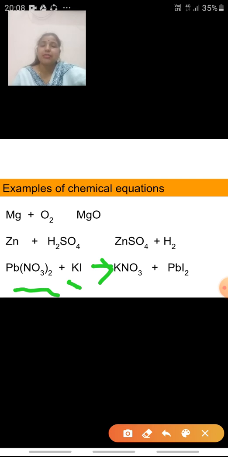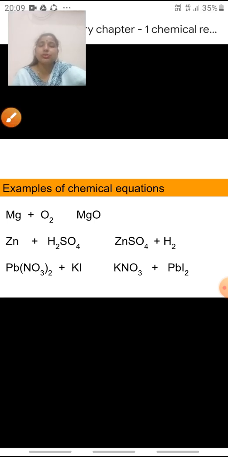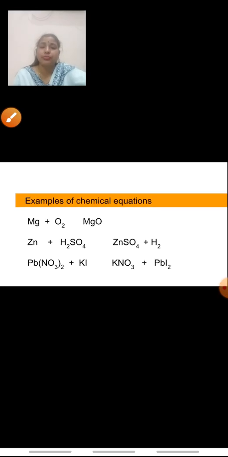Potassium iodide, again a reactant written on the left hand side of the arrow. The two are the reactants. They two react together. This plus symbolizes the reaction. Now, when the two react together, they result in the formation of the products potassium nitrate and lead iodide. Here, a yellow PPT is formed. So, this is also an example of the chemical equation. You all must now be knowing about the chemical equations.